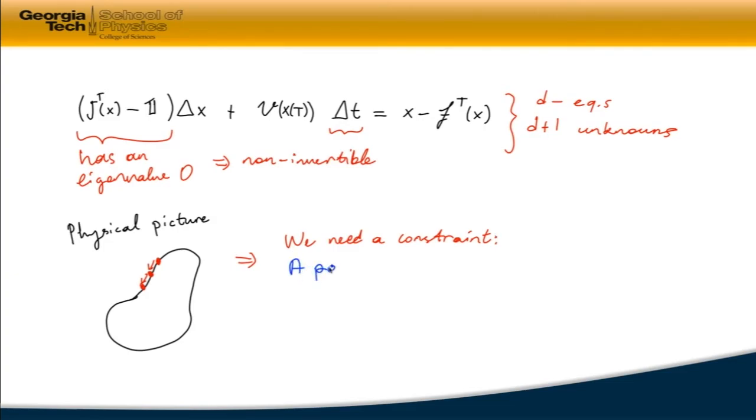A particular choice of a constraint, which we are going to do in our exercise, is demanding that the variations will stay on the Poincare section.